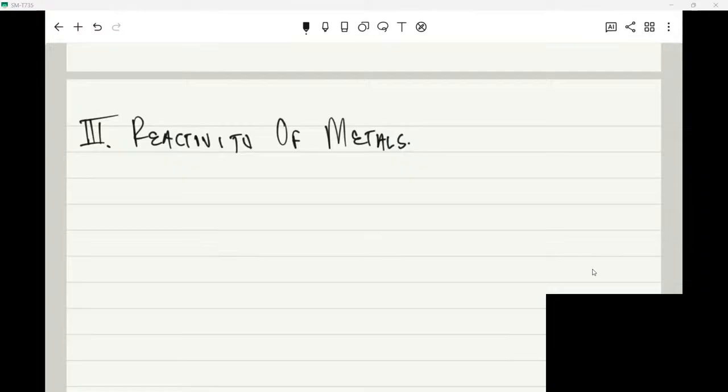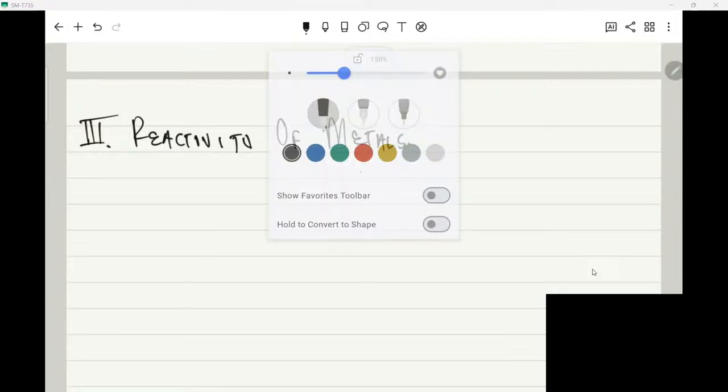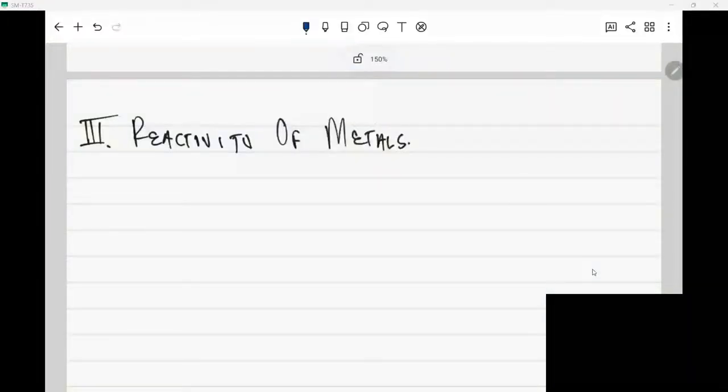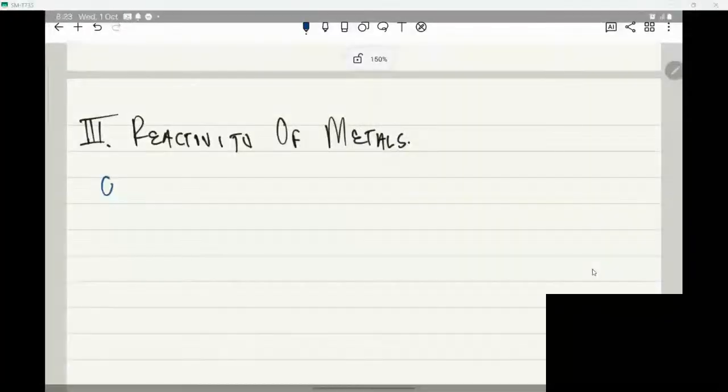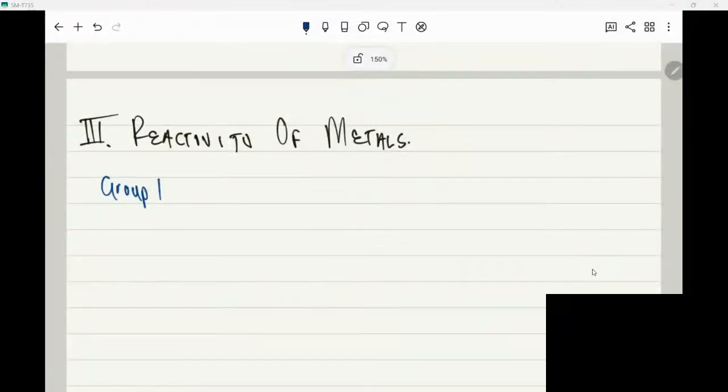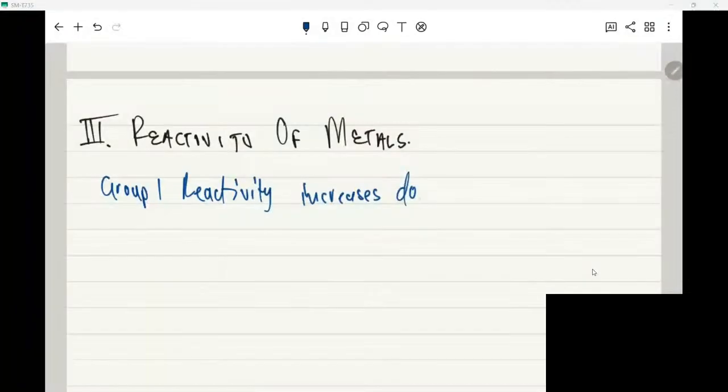That's the one which we're going to really study. That's the one they want you to know. Group 1 is for metals. So what should you know? Just know for reactivity of metals, you should know that group 1 reactivity, what does it do? It increases down the group.